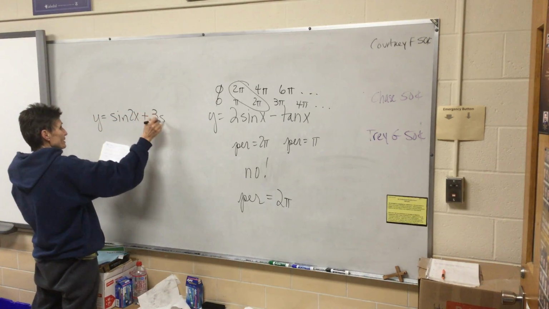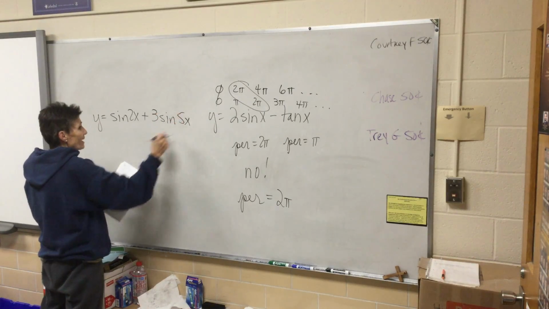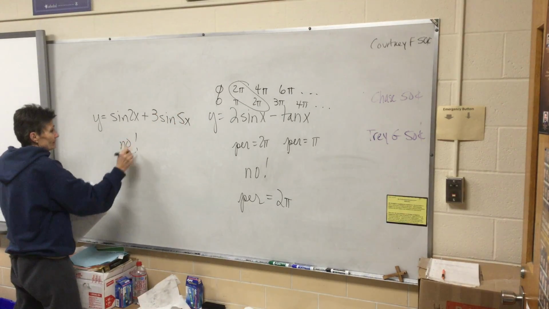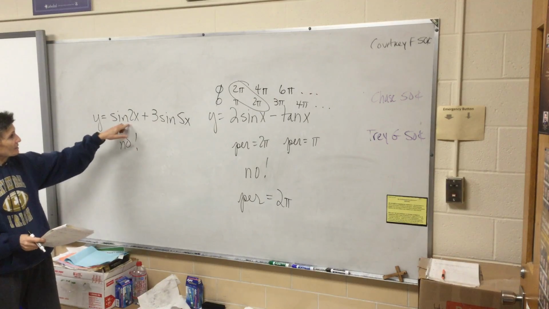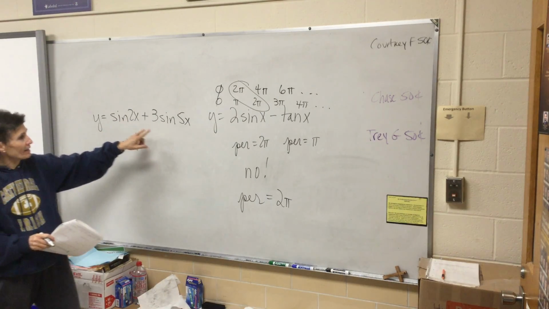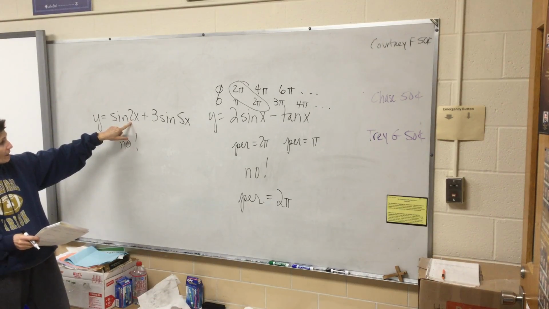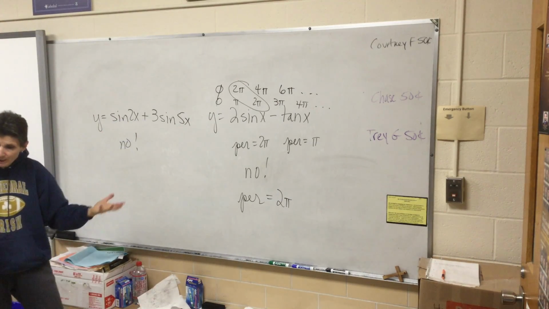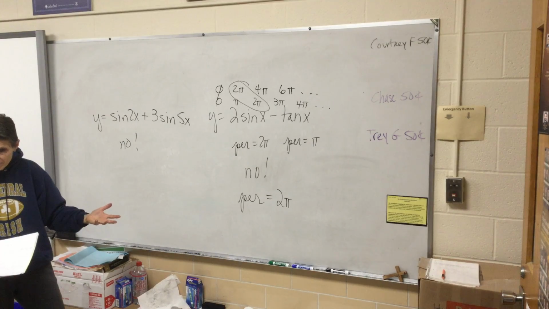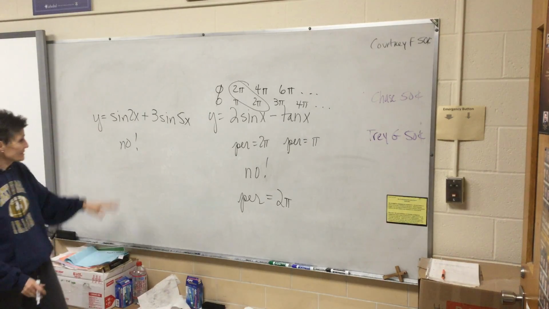Hopefully, you can look at this and tell me it's not sinusoidal. Because isn't the period of the sine 2 pi? Yeah, these are both sines. So if you put a different number here and here, aren't you going to end up with a different period? Yeah, so it's not sinusoidal.